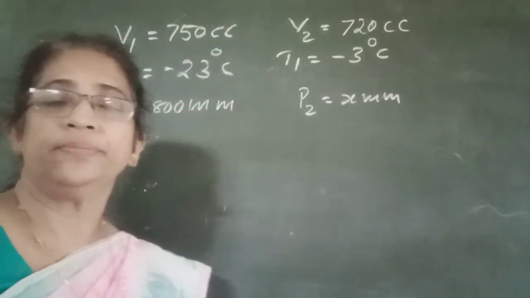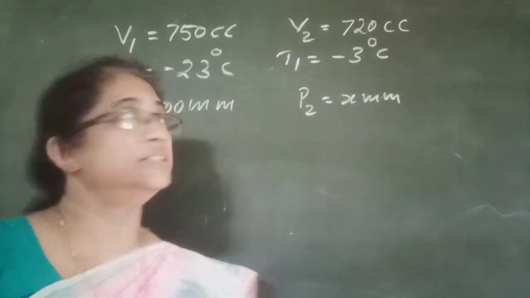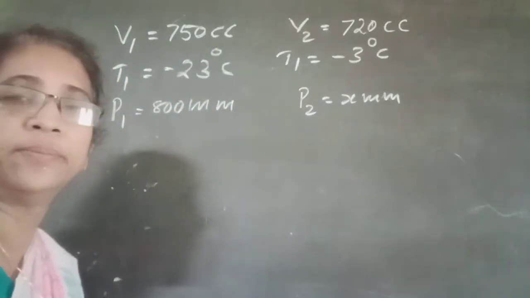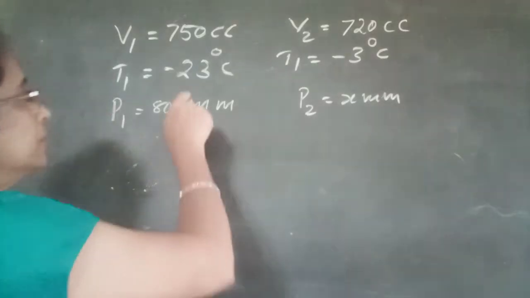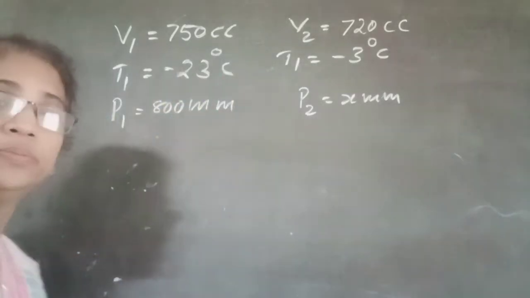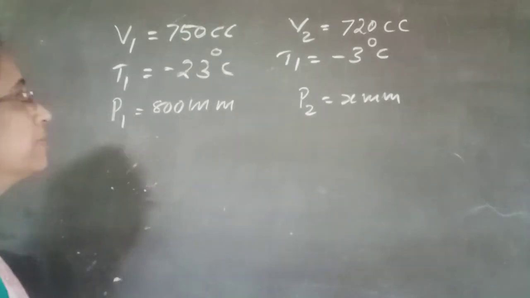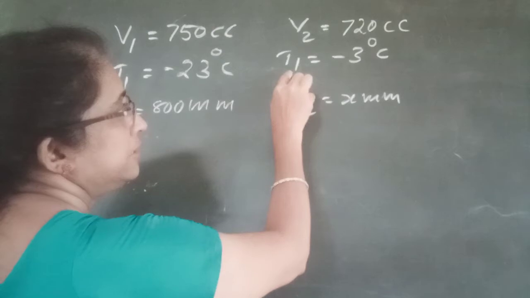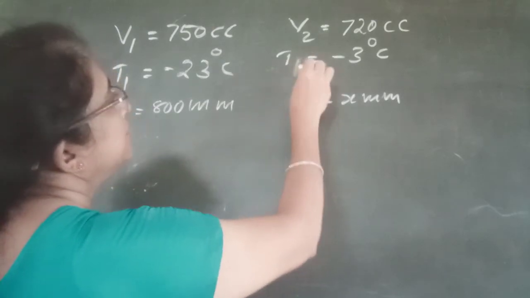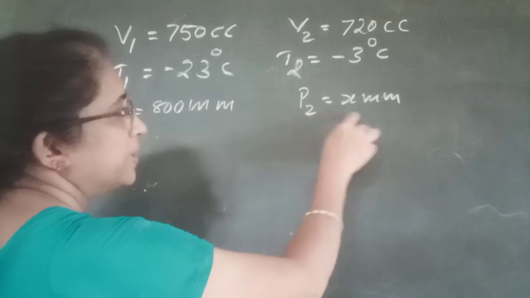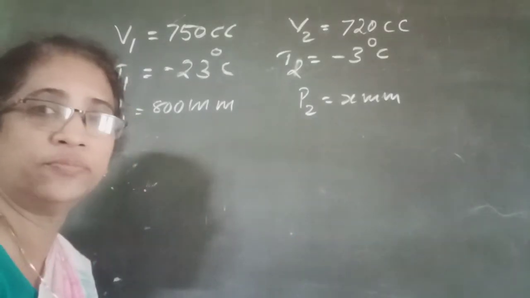Write down the data. Initial volume V1 is equal to 750 cc, initial temperature T1 is minus 23 degrees Celsius, P1 is equal to 800 millimeter. Final volume V2 is 720 cc, final temperature T2 is minus 3 degrees Celsius and final pressure is equal to X millimeters of mercury.